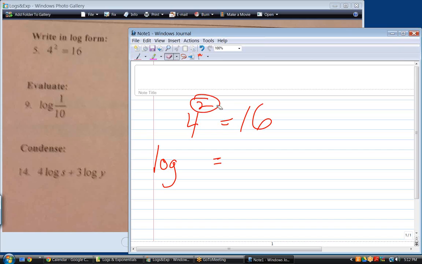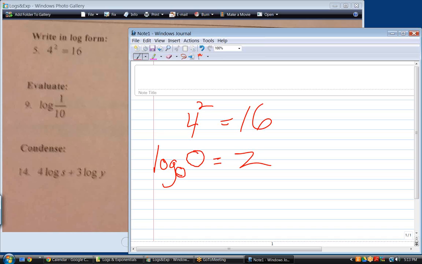So that tells you immediately that you got to have a 2 over there because logs are the exponents. So the only thing you have to figure out is where to put the 4 and where to put the 16. One of them goes right there, the base, and the other one goes right there.